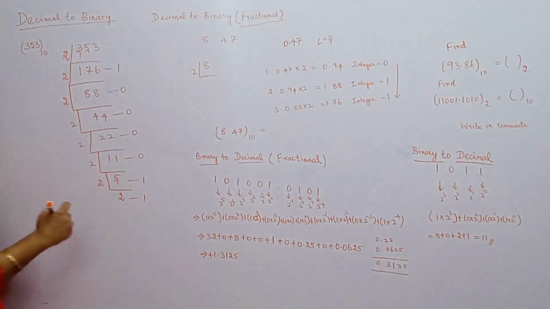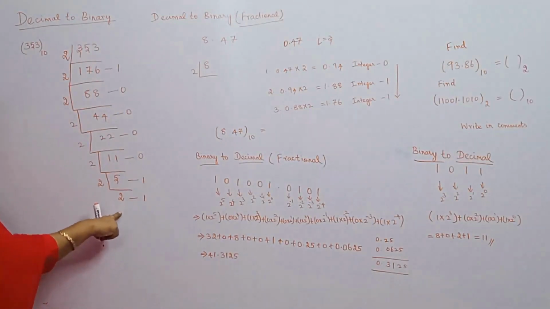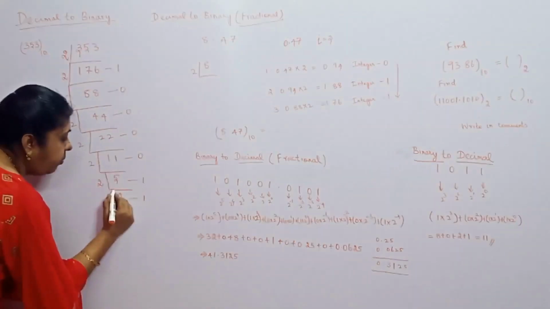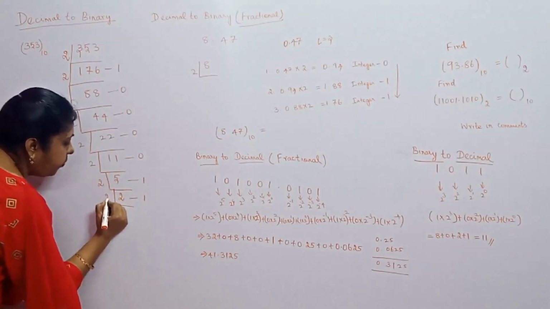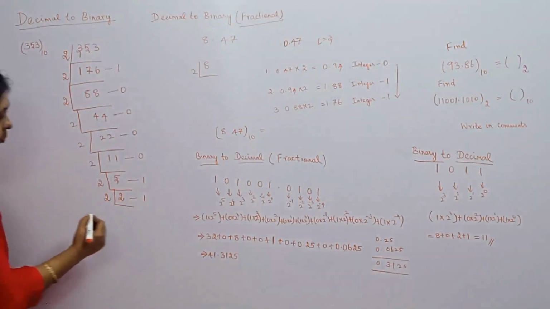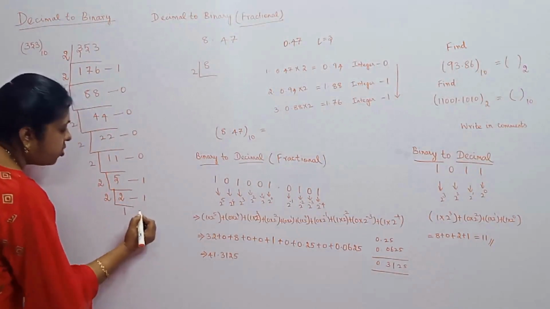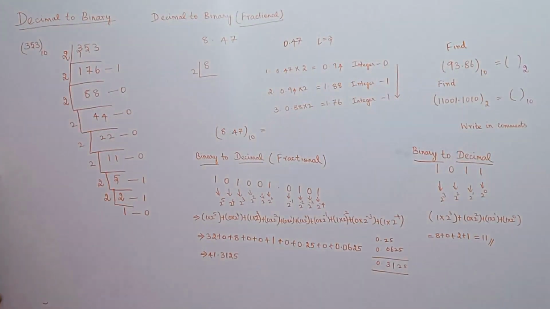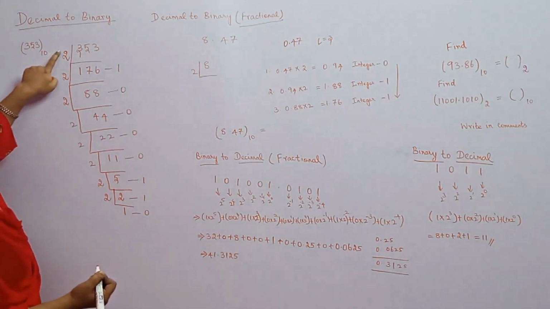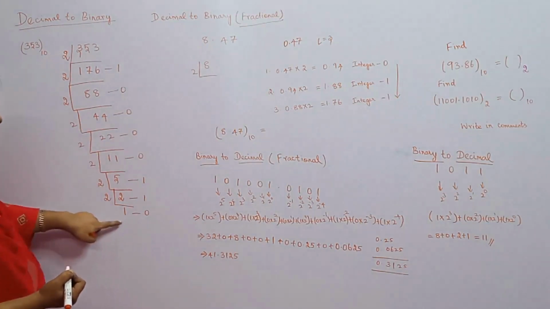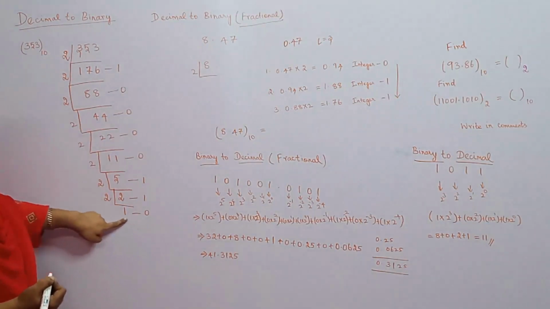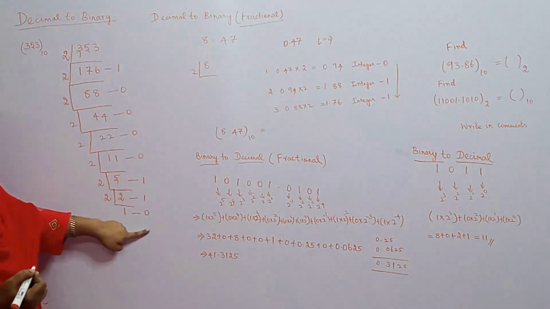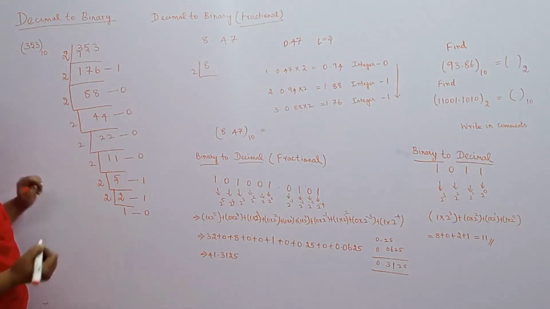We have to calculate till it reaches zeros and ones. So again final step, dividing by 2, the quotient is 1 and the remainder is 0. Okay, we have started from 353, dividing by 2 continuously we reached ones and zeros. Still we cannot divide now.